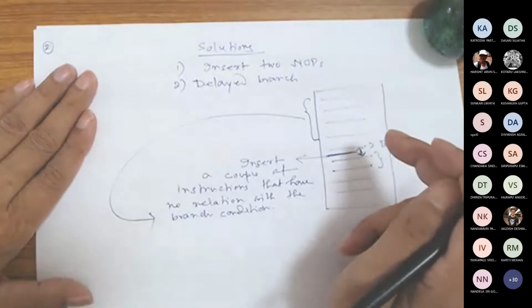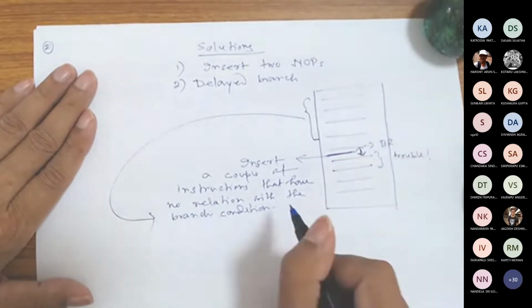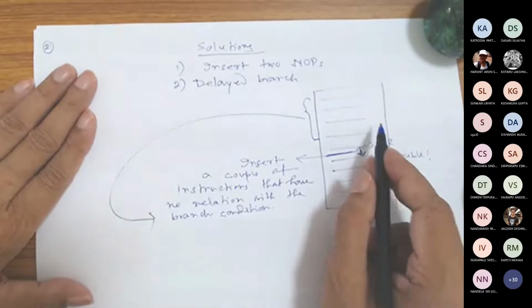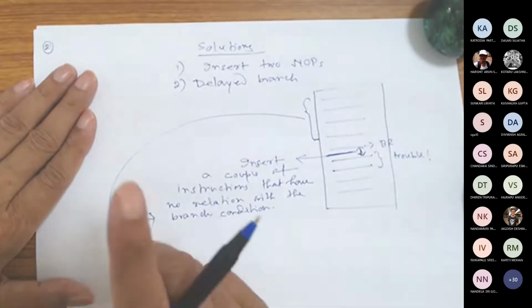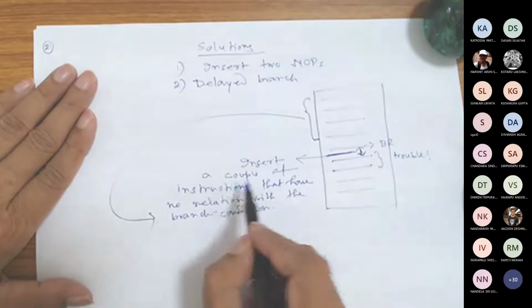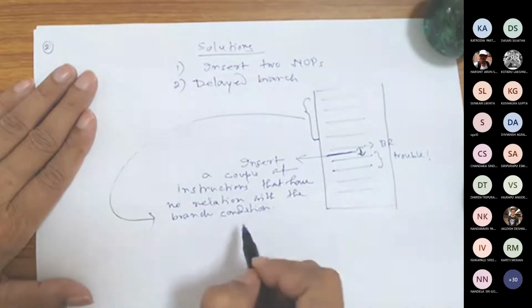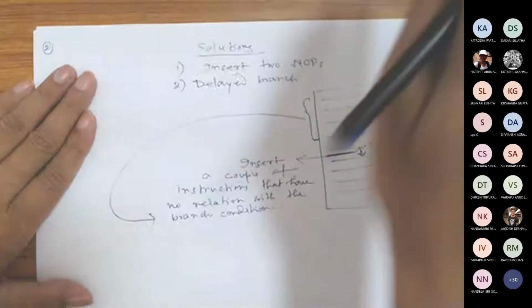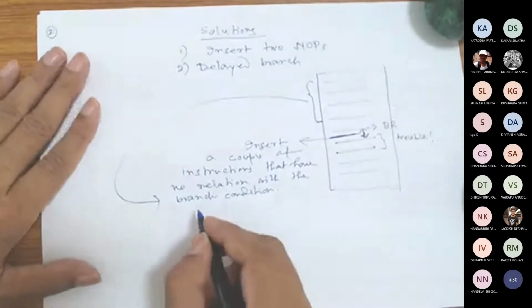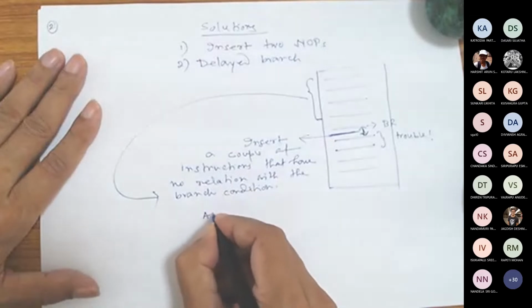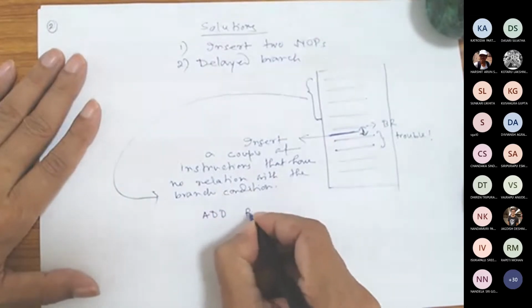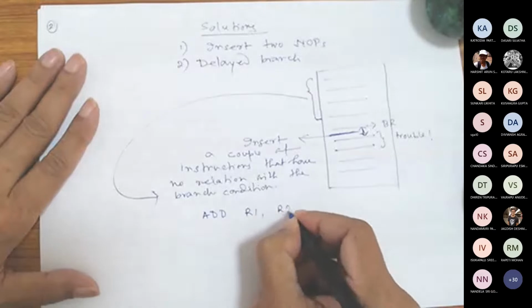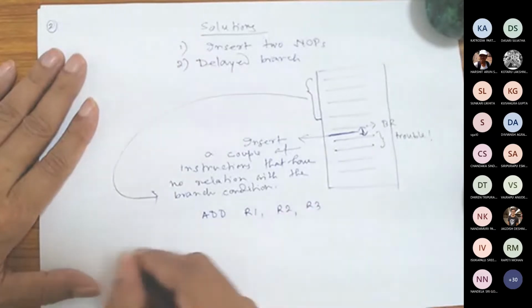Prior to branch, obviously those instructions which are changing the registers of the branch cannot be moved. That's why I'm saying insert a couple of instructions that have no relation with the branch condition. This is very important. We cannot randomly move the instructions. Let's take an example. Say we have an instruction add R1, R2, R3.